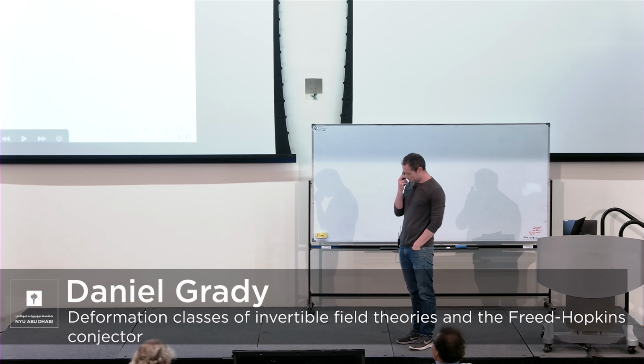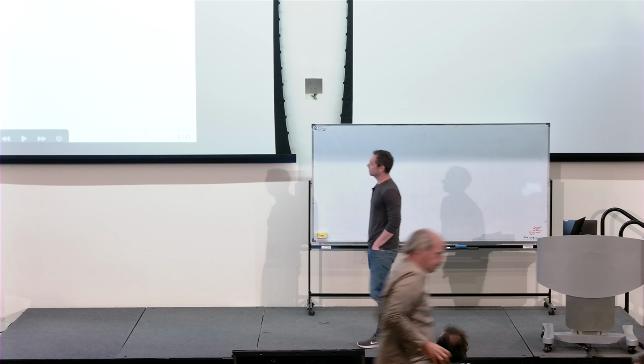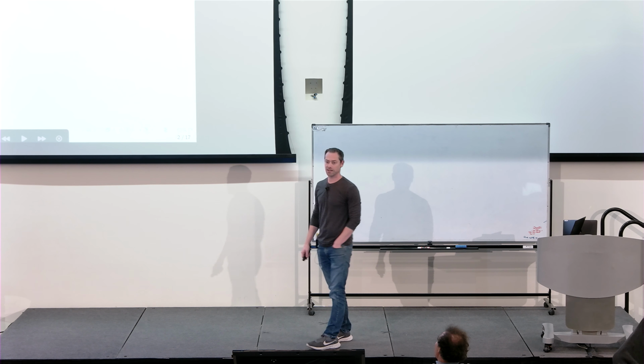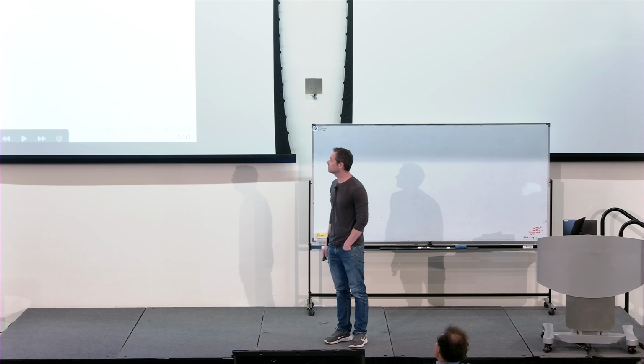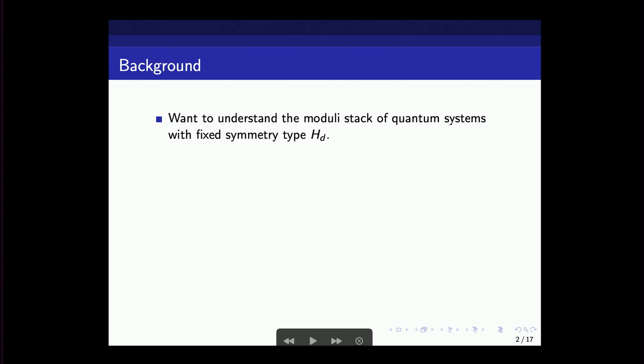Okay. So I want to start with a little background on this paper by Freed and Hopkins on invertible field theories. Specifically, I want to talk about what their motivation was. They were trying to understand the moduli stack of quantum systems with a fixed symmetry type H_d, where H_d is some compact Lie group.